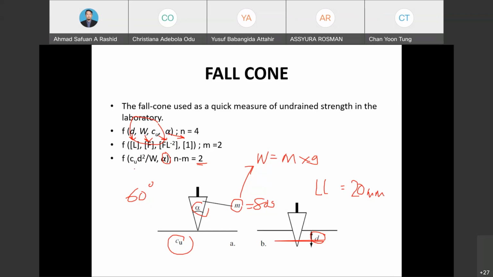This equation has been used by Wood and Rowe to study the undrained shear strength of soil, and also to propose a new method to overcome the thread rolling method for determining the plastic limit. If you want more information, you need to explore the Wood and Rowe paper.